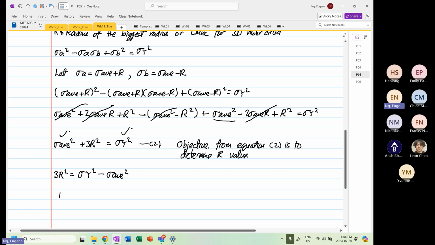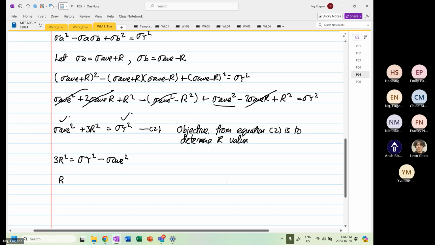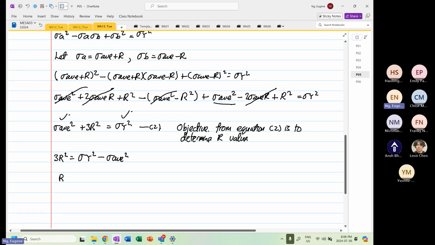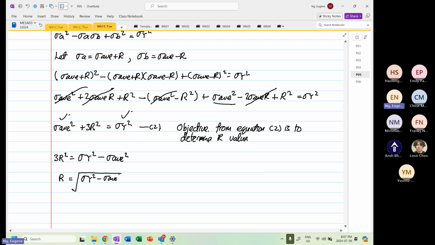And if we were to determine R, R will be equal to the square root of stress U squared minus stress average squared, divided by 3.